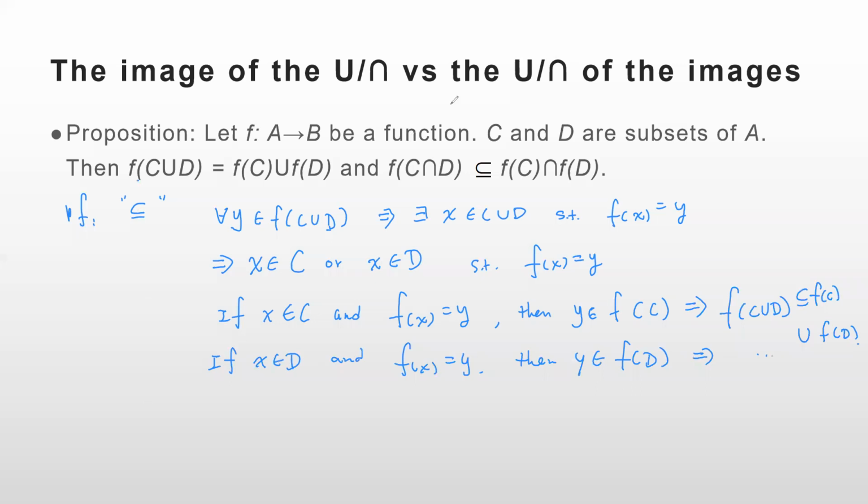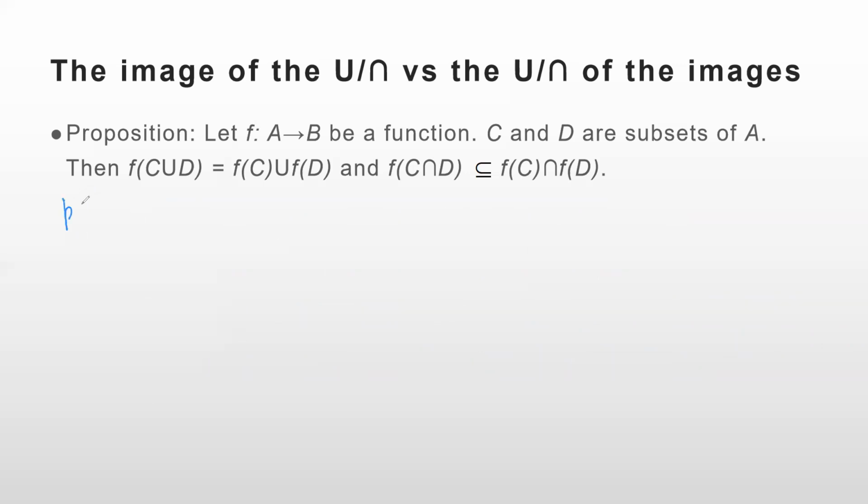All right, let's look at the other direction. You want to show that f of C union D is a superset of f of C union f of D. And you start with the right side.